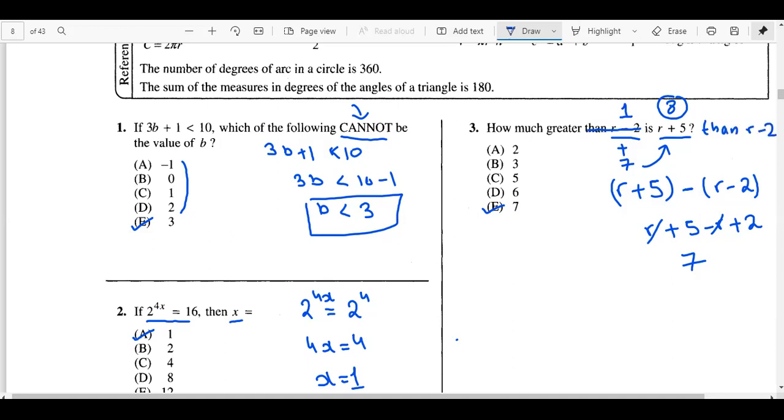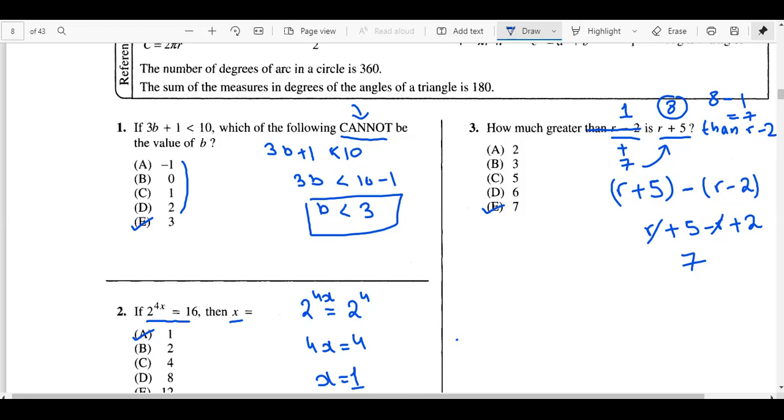Let's say if I ask you how much greater is 8 than 1, how would you do that? You will simply do 8 minus 1 and you will get 7, right? Just rewrite the question and think of it this way: how much greater is r plus 5 than r minus 2?